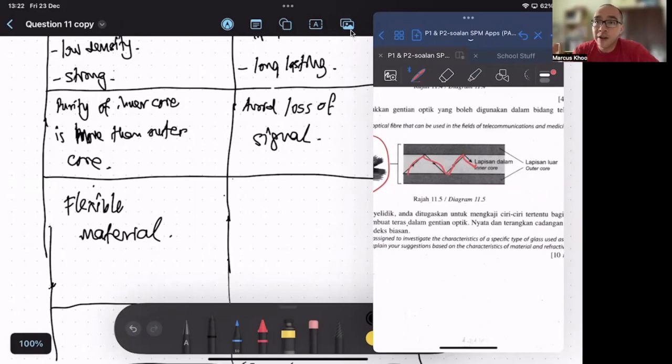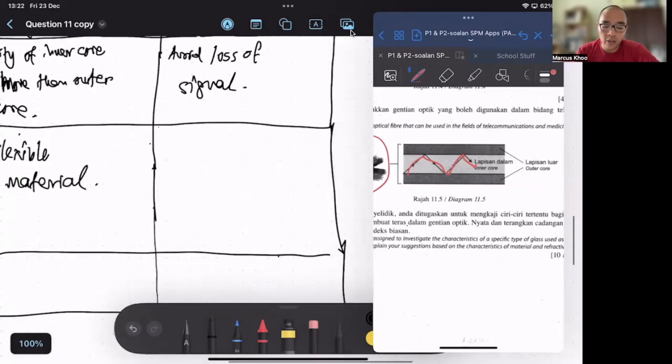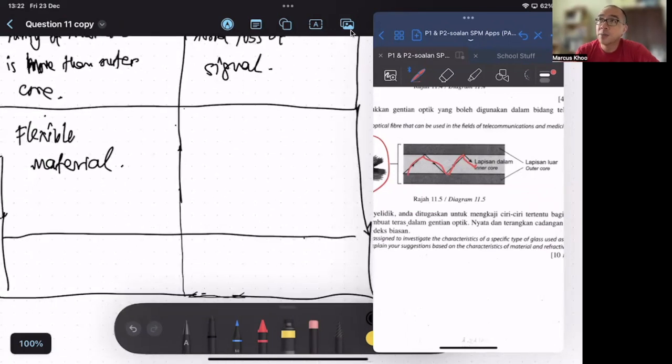If it's very flexible, it's easy to go into the throat or into your intestines, whatever it is in English. So it needs to be flexible, so that it is easy to bend.